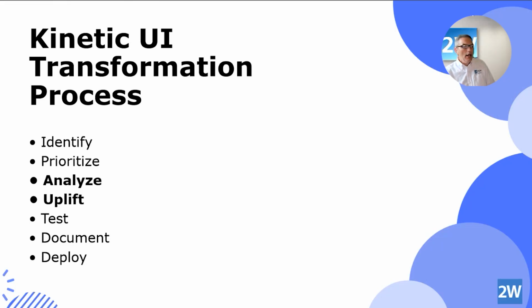So in any case, the steps we need to do are pretty common sense, but the first step is to identify, and I'm going to show you some tools that are available to you very quickly to help you identify any classic UI customizations that are present in your Epicor environment.